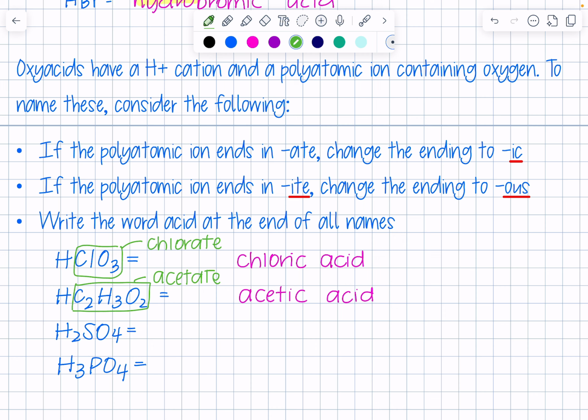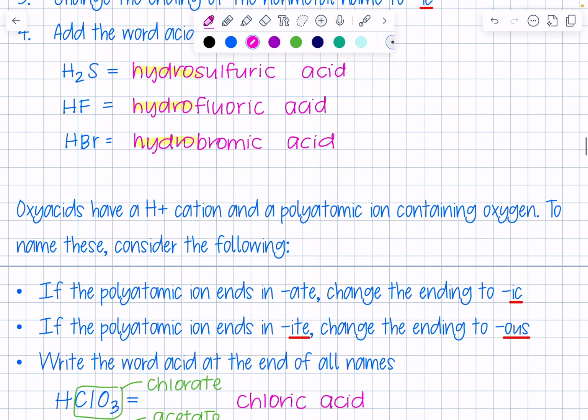Here's the one that's very similar to what we were just talking about. SO4 is sulfate. That's going to be sulfuric acid. Notice we had one previously that was hydrosulfuric acid.